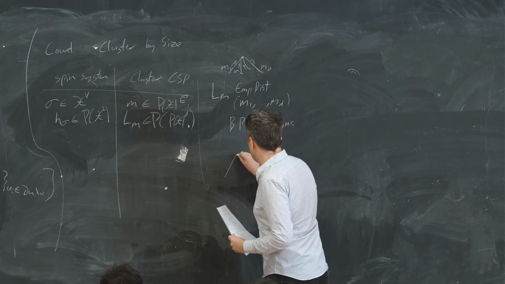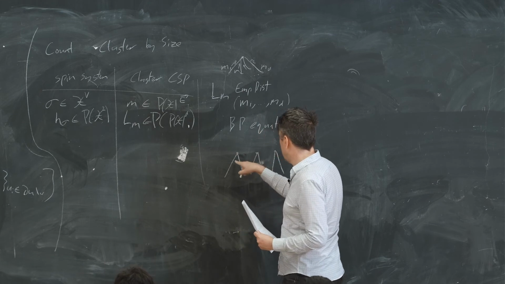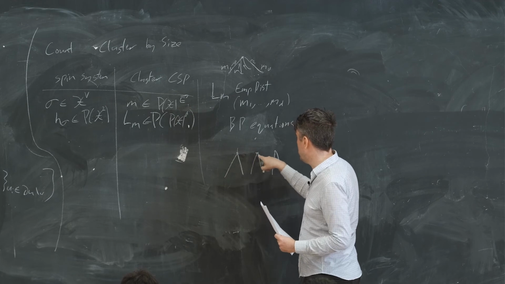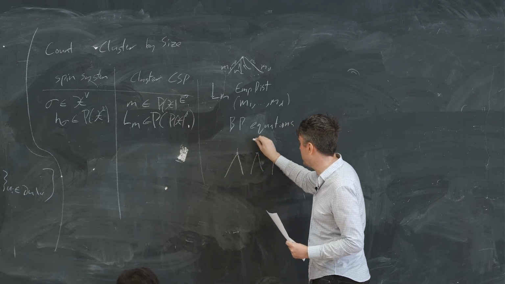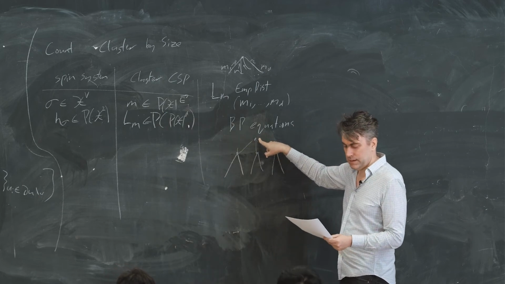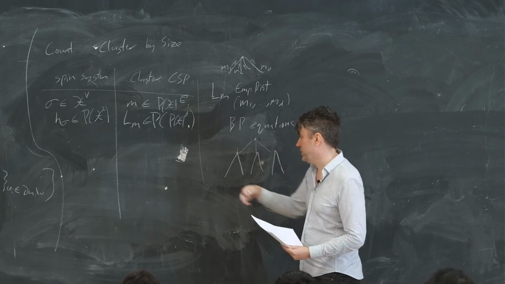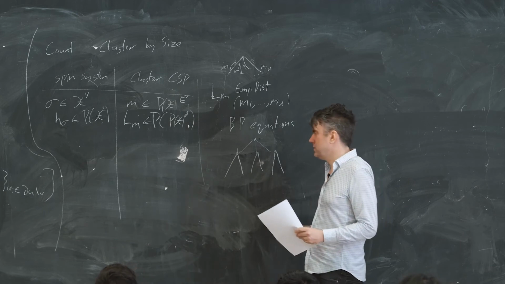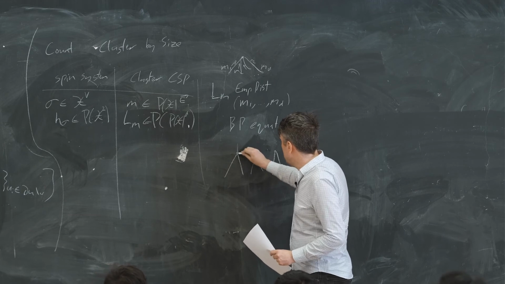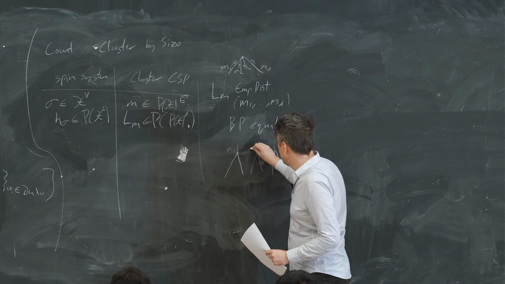We said, okay, if we have some trees which have marginal probabilities on the roots, and they're independent, and then we add another vertex and connect them up, what is the probability here? And so this was a recursion that was exactly the belief propagation equations. Now, rather than having a spin at each vertex, we'll have a message at each vertex.